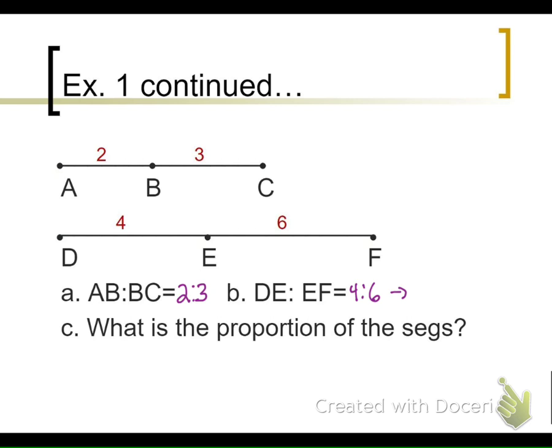If we reduce that ratio, what would it go to? 2 to 3, because 2 goes into both of them. Are those ratios the same? Yes, they're proportional with a ratio of 2 to 3.